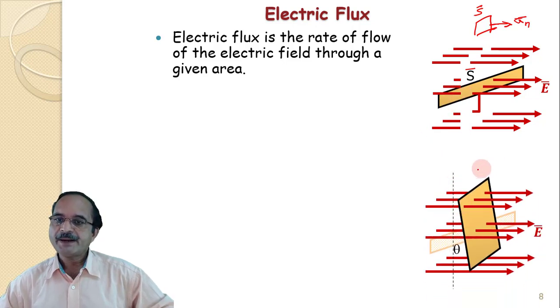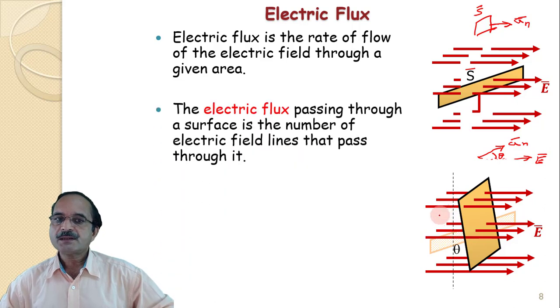Whereas if I tilt this surface by angle theta, then the normal direction of this surface will rotate by angle theta. So this will be rotated by angle theta, and this is the direction of E. So in this case, the number of flux lines passing through the surface S is going to decrease.